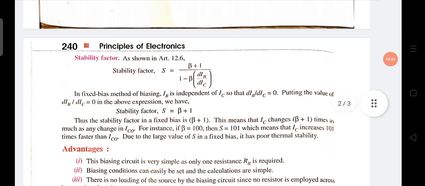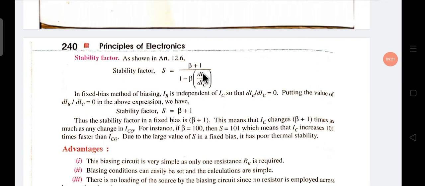Now, stability factor. The formula of the stability factor is beta plus 1. In the fixed bias method, the biasing current IB is independent of IC, so del IB by del IC equals 0. This is differentiation, and the differentiation of a constant is 0.